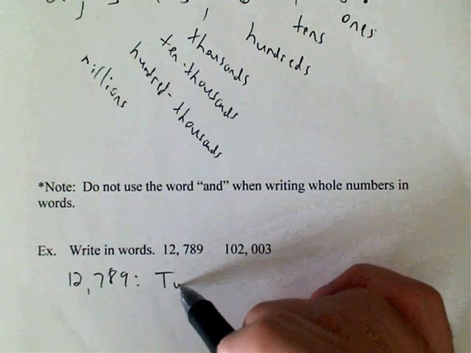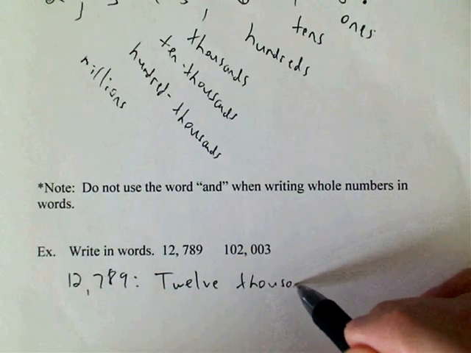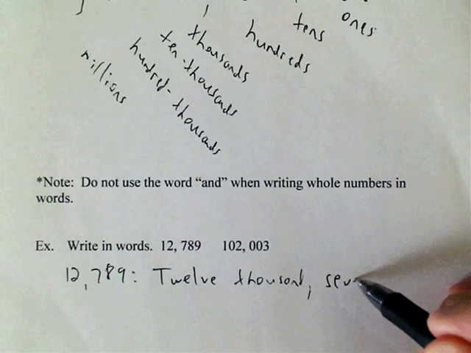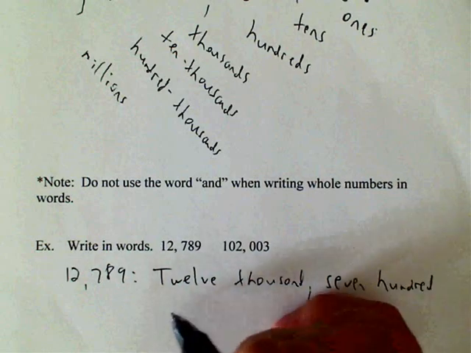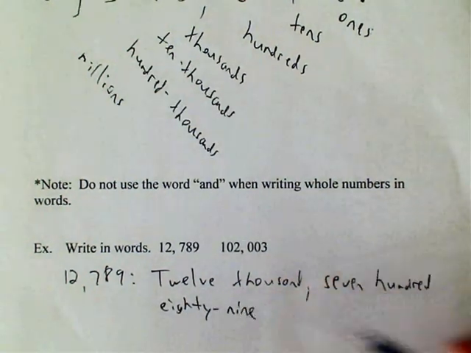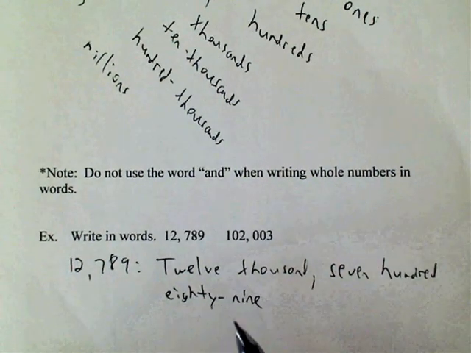12,000. Don't forget the comma. 12,789. It's like writing a check. If you ever have written a check for that amount, that's how you would write it.